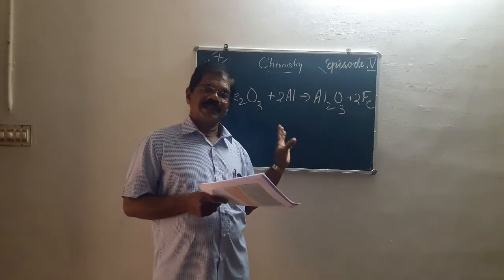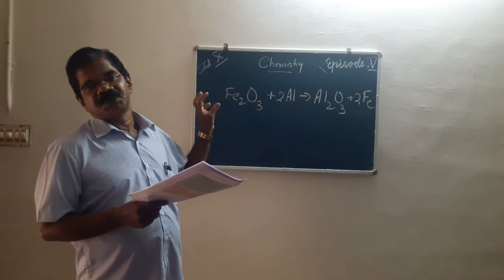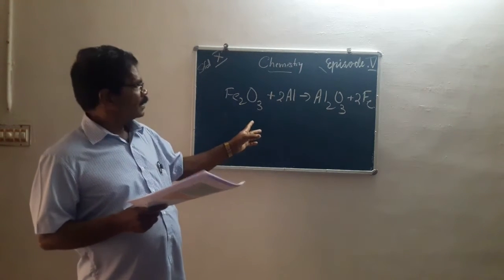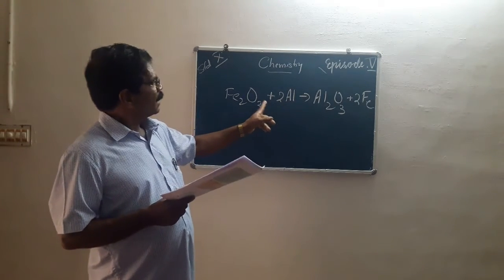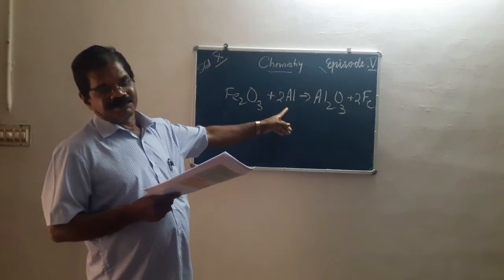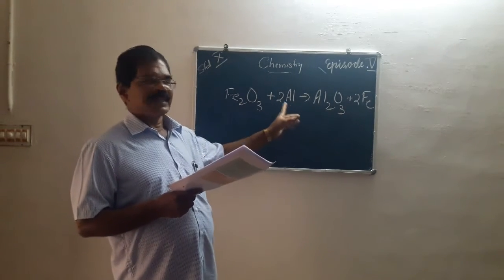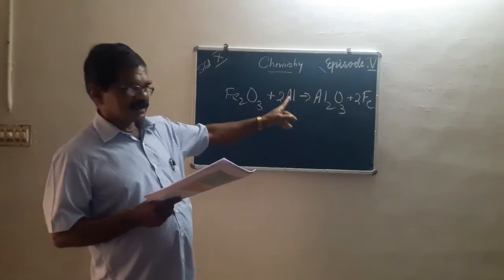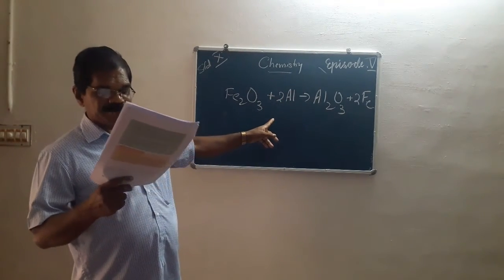Double displacement, where two compounds exchange their ions. Here only one reactant has ions: the iron compound has ions, aluminium does not. So this is an example of a displacement reaction.